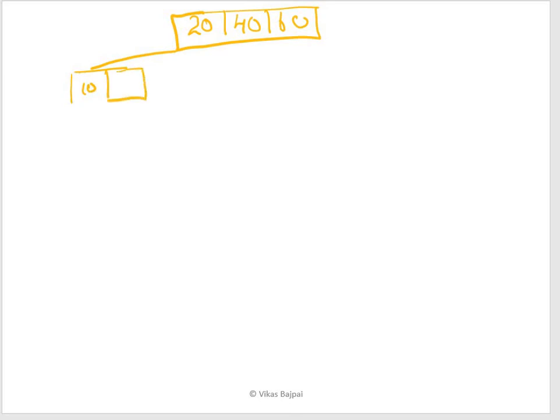So the current tree structure is something like this: 20, 40, 60, and then we have 10. On this side we have, let me draw it much clearer, on this side I have 30.